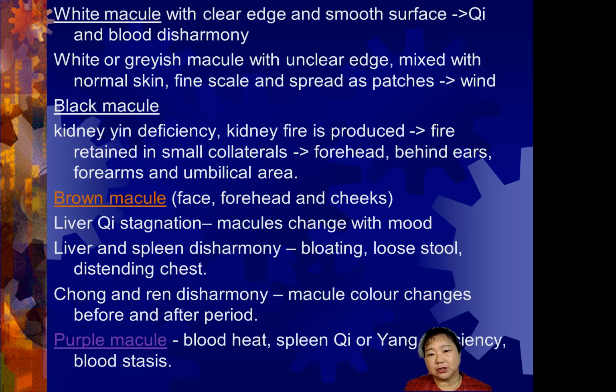In this condition, the patient also has bloating, loose stool, and distending chest. It can be caused by Chong and Ren disharmony as well. In this condition, the macule color changes before and after the period. Purple macule is very often caused by blood heat, spleen qi or yang deficiency, and blood stasis.